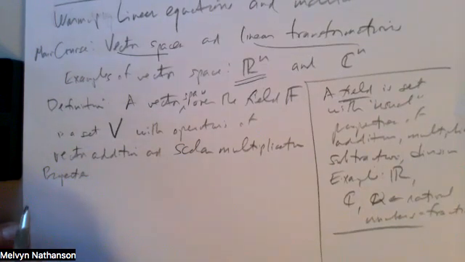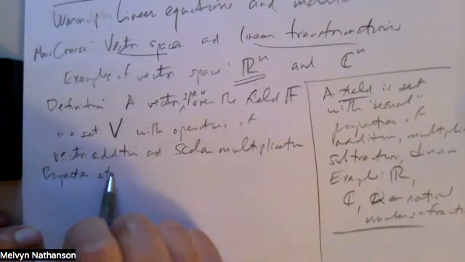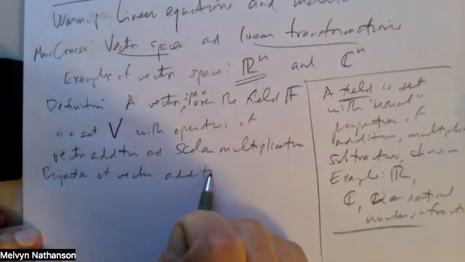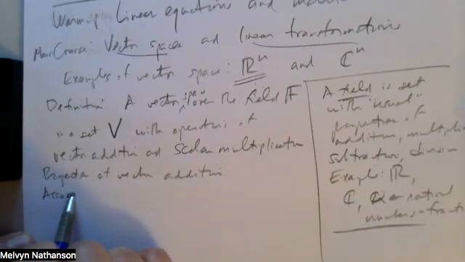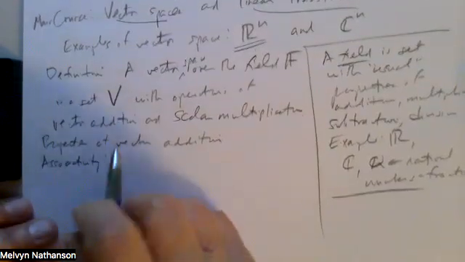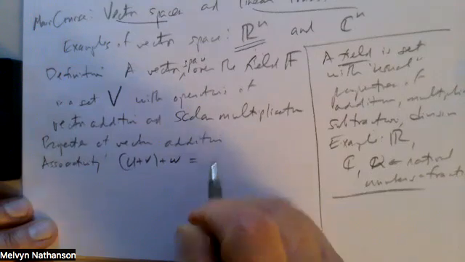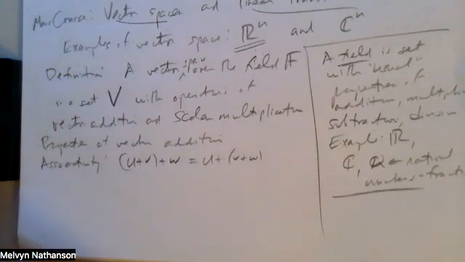And you can check that in the vector space Rn, the column vectors that by now you should know and love, all these properties are satisfied. So the first property is associativity. So for all vectors u, v, and w, if I add u plus v and add w to that, that's the same as adding u to the sum of v plus w.